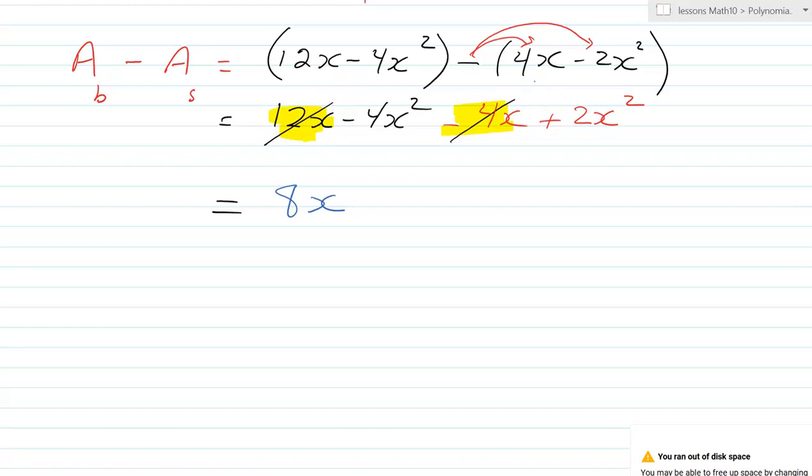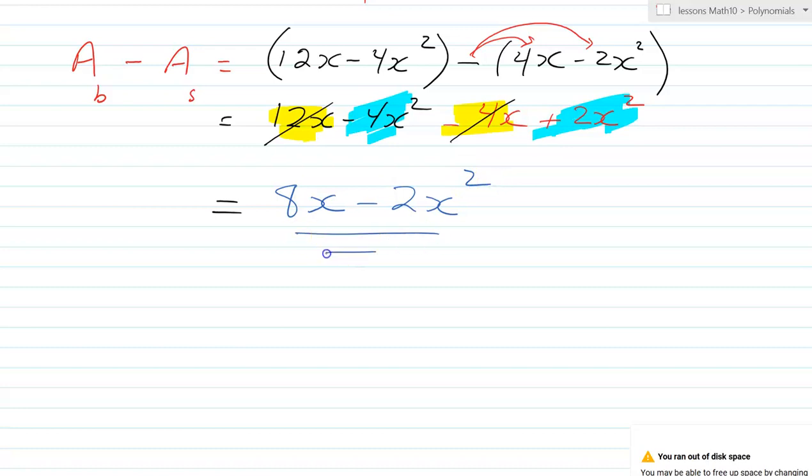The next thing to deal with is the x squared terms: negative 4x squared plus 2x squared, like terms. Negative 4 plus 2 is negative 2x squared.